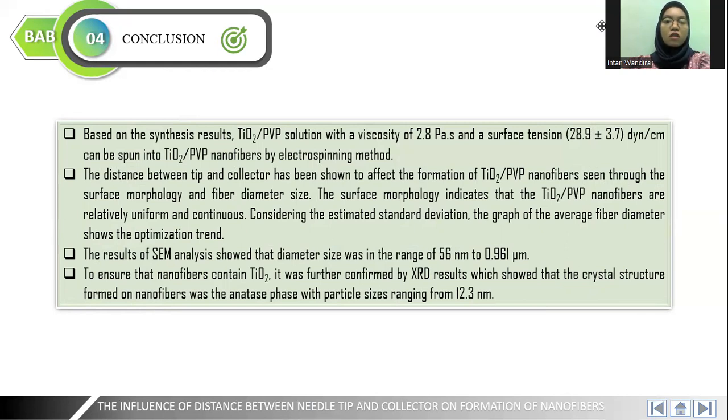To ensure that the nanofibers contain titanium dioxide, it was further confirmed by the XRD result, which showed that the crystal structure formed on the nanofiber was the anatase phase with a particle size of 12.3 nanometers.